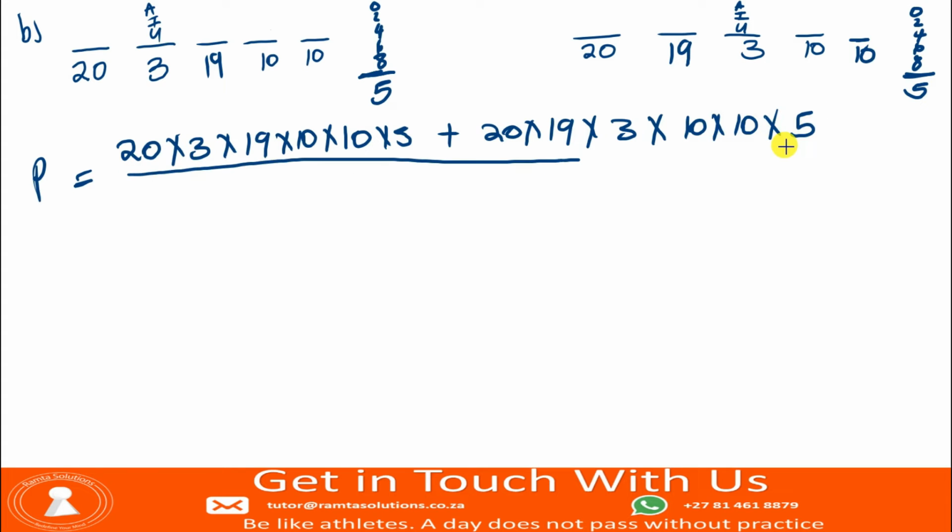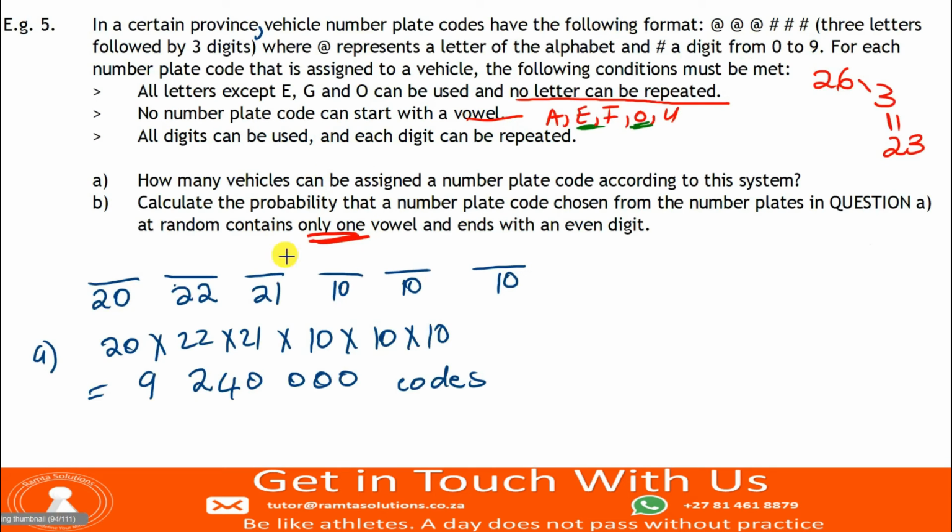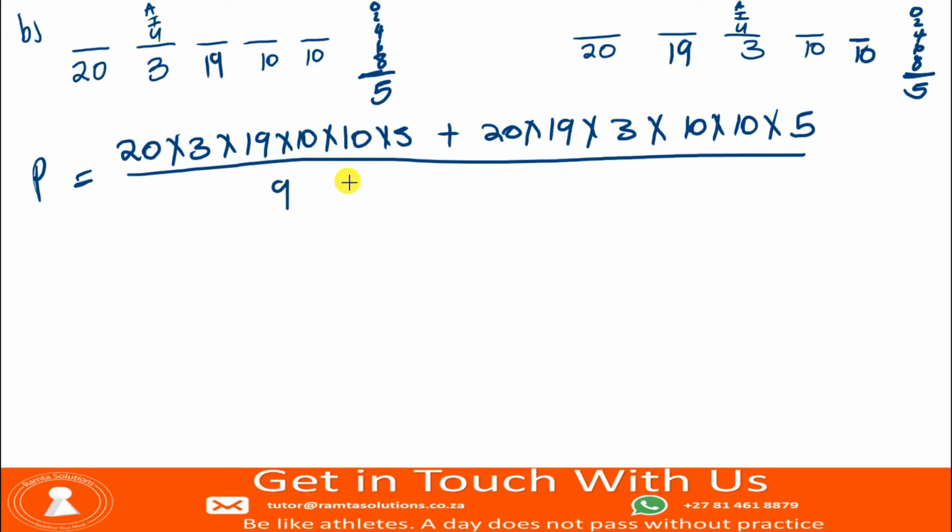Recall, the sample space was 9,240,000 codes. Take your calculator and see what you have. On my calculator, I will say 2 times 20 times 3 times 19 times 100 times 5, all over 9,240,000.